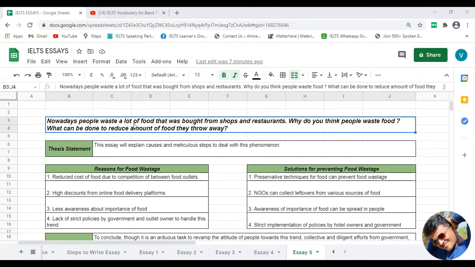If I talk about the keyword, it means the word by using which we can write our general statement for the introduction. According to me, wastage of food would be our keyword, right?